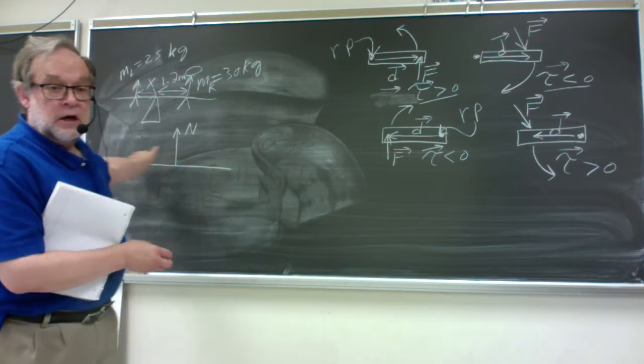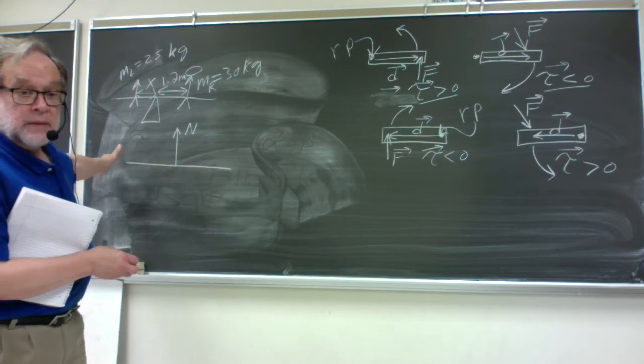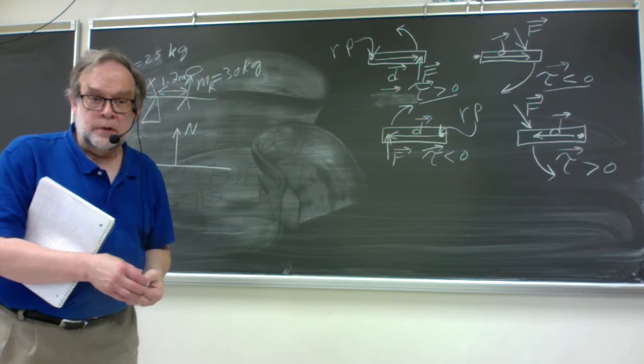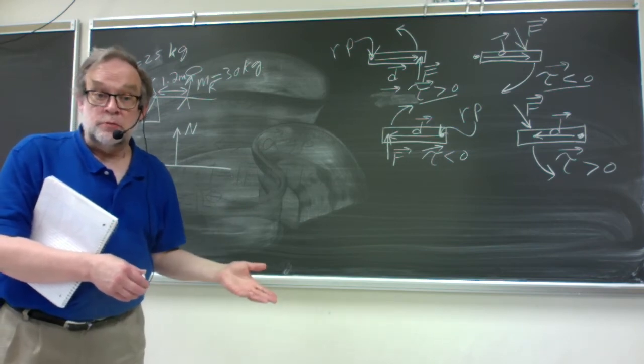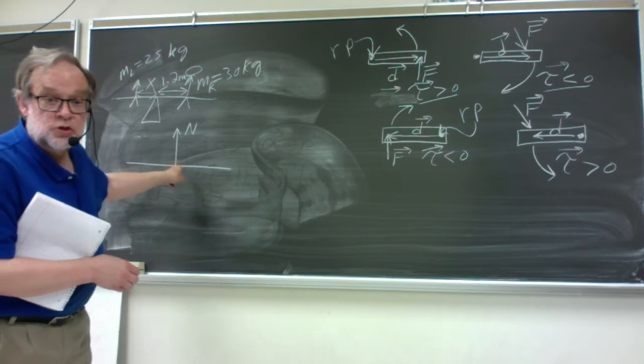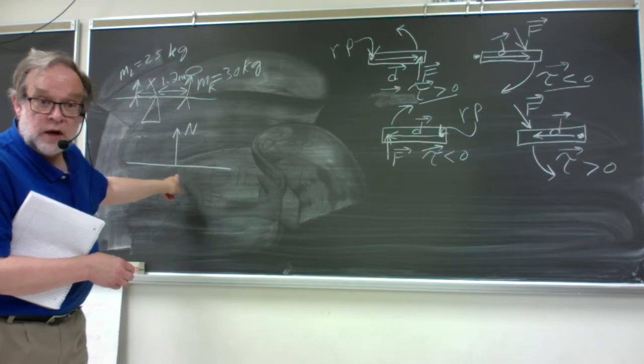And there's no reason to think that the mass in this board isn't evenly distributed. So if it is evenly distributed, then the center of gravity, the average location of mass, is right in the middle. And at that point, that's the center of gravity.